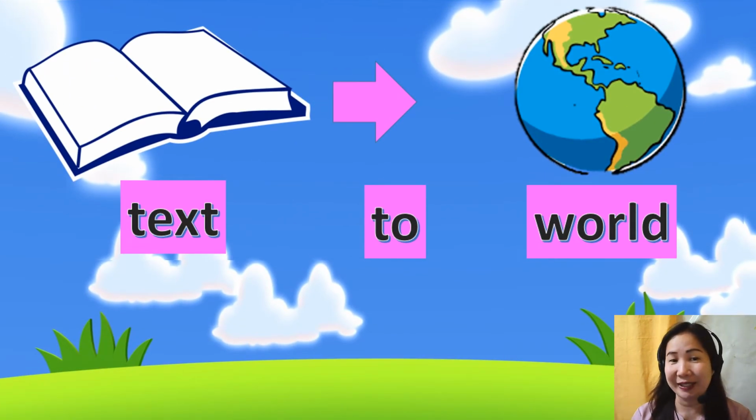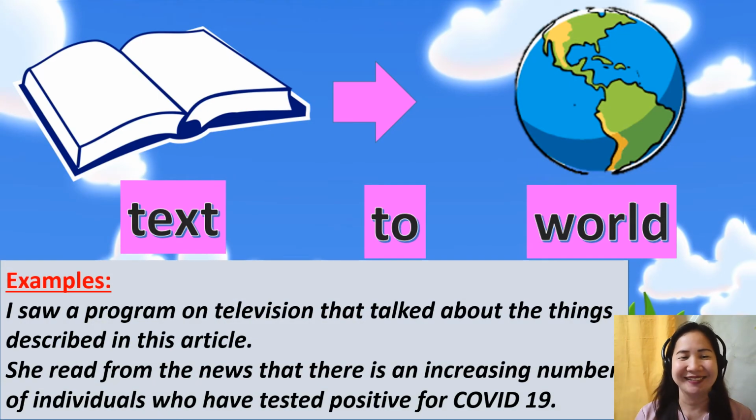Let's read the examples for the text-to-world connection. The first example is, I saw a program on television that talked about the things described in this article. The second is, she read from the news that there is an increasing number of individuals who have tested positive for COVID-19.